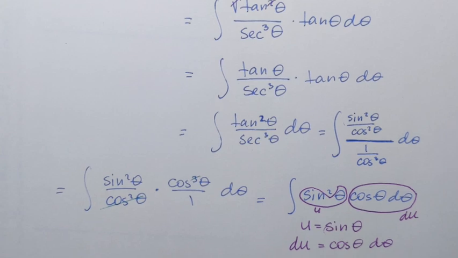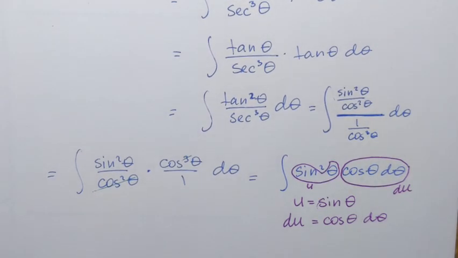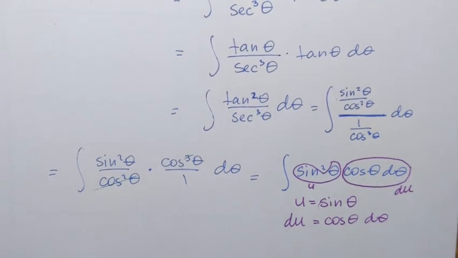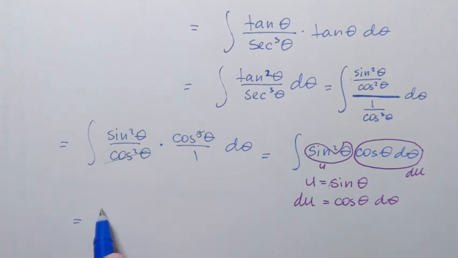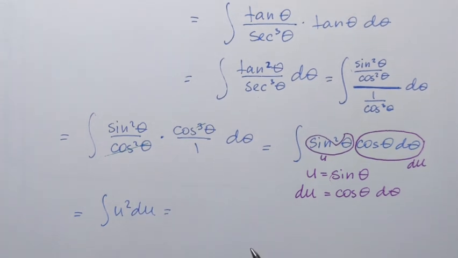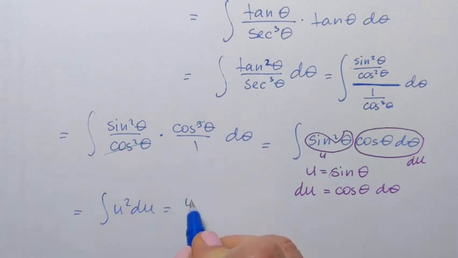That's just the substitution method that we use for trigonometric integrals, right? And that means that I will have the integral of u squared du, and that I can integrate pretty quickly, right? So it's going to be u to the third power over 3 plus c.